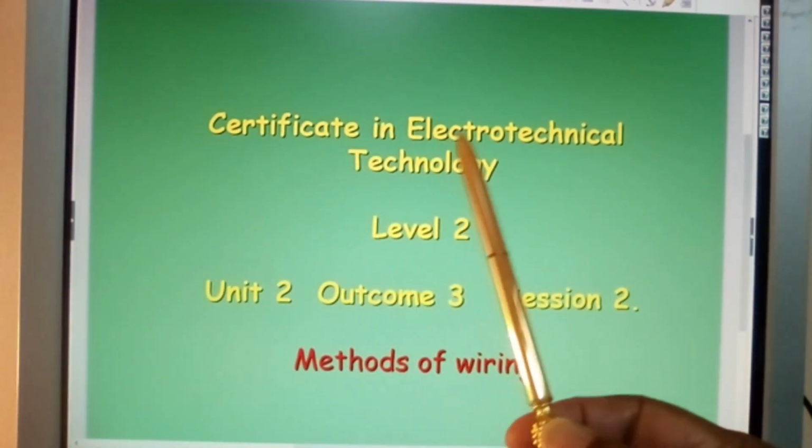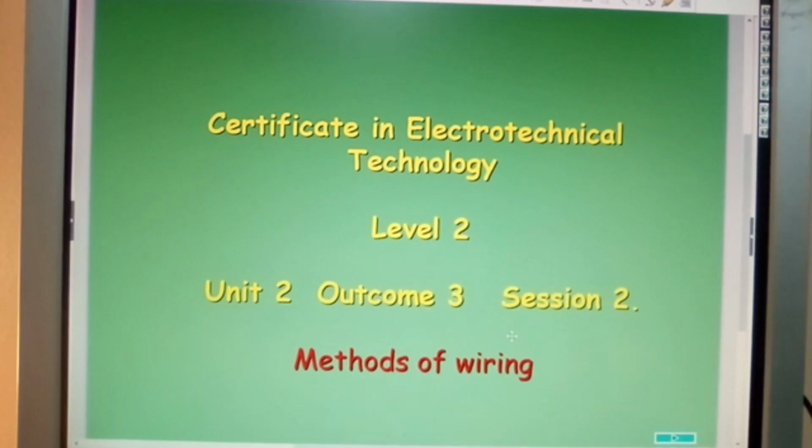Continuing with certificate in electrotechnical technology, level 2. Methods of wiring.